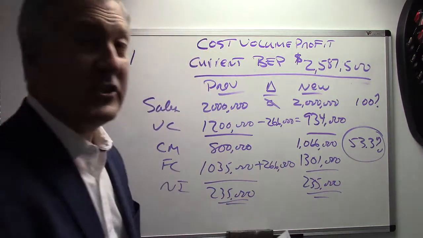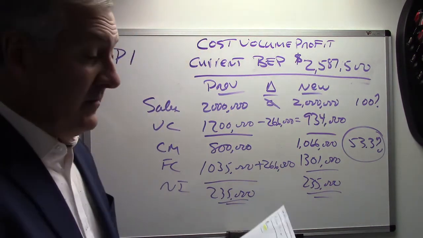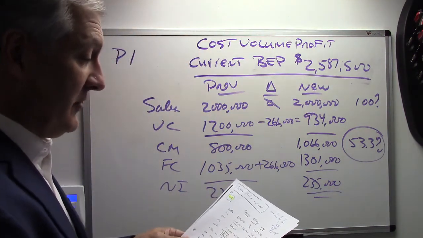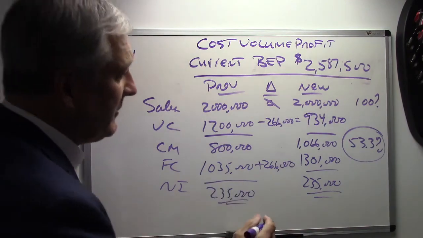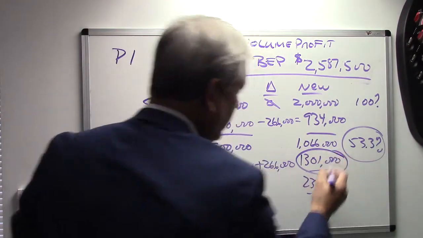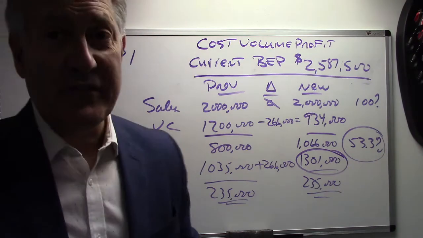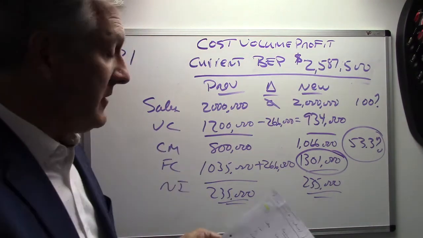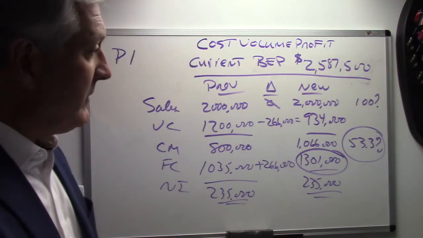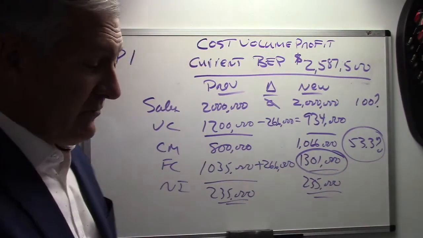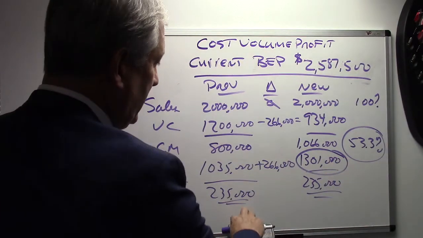There's just what? A shift from variable to fixed. So these are the numbers that are important for us right here, right? The new fixed cost is 1,301,000. The new contribution margin ratio is 53.3%.